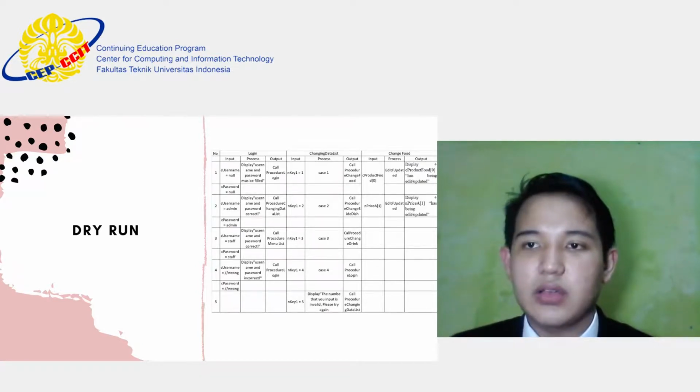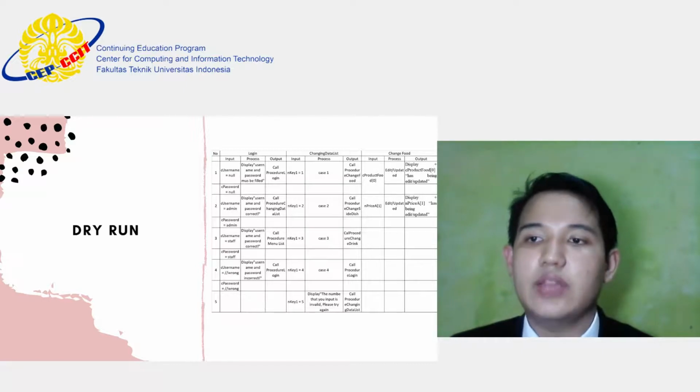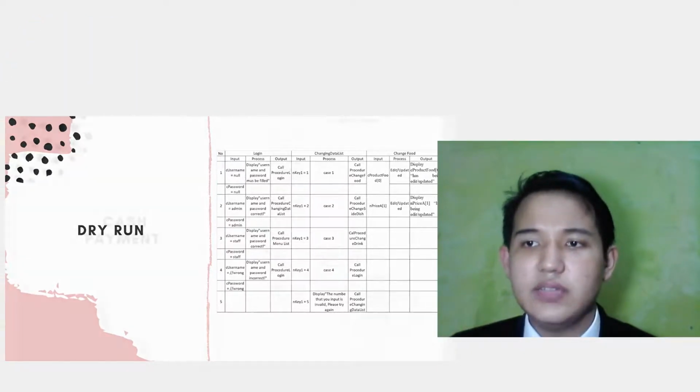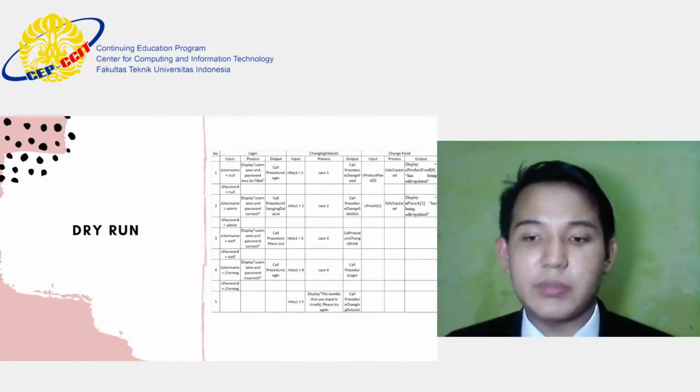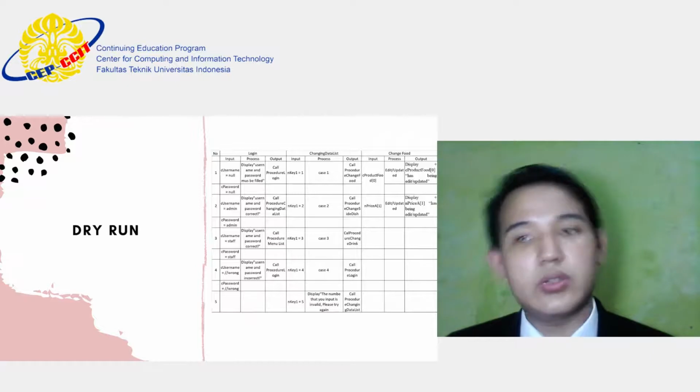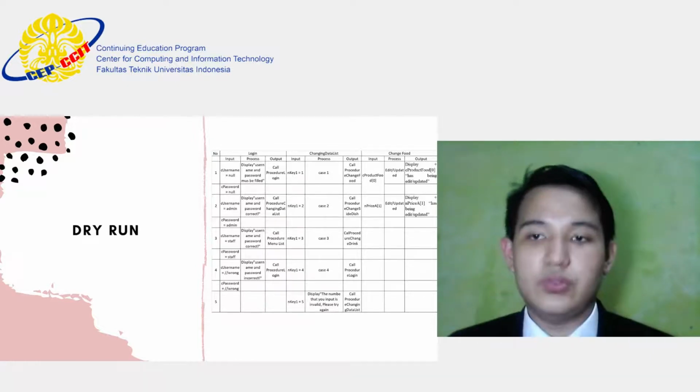Move to the menu list procedure. For the menu list procedure, if the input nka is 1, it will proceed to case 1 and the output will display you have ordered, plus C. For the number that you input is invalid, please try again. The output will call procedure changing data list. Next is the change food procedure.